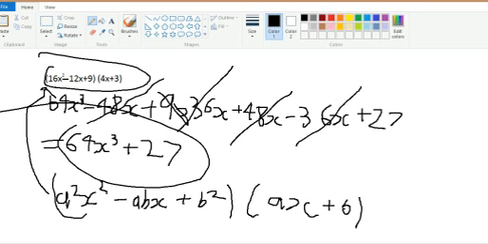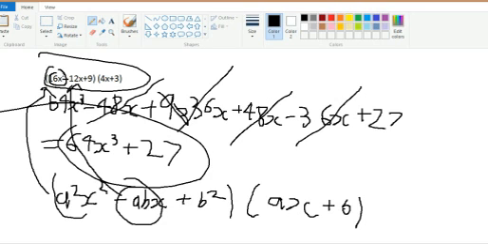A squared x squared can be seen as 16x squared, and negative abx can be seen in minus 12x, since that's negative 4 times 3 times x, and b squared is 9.